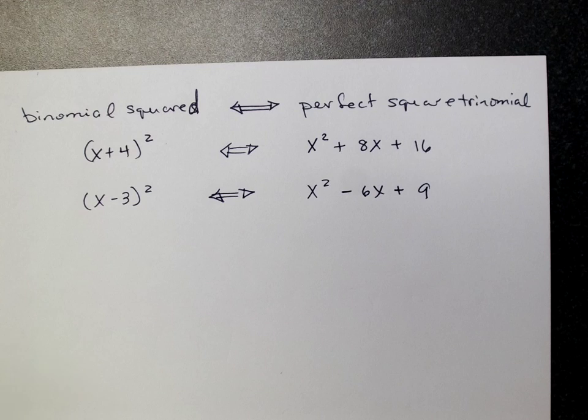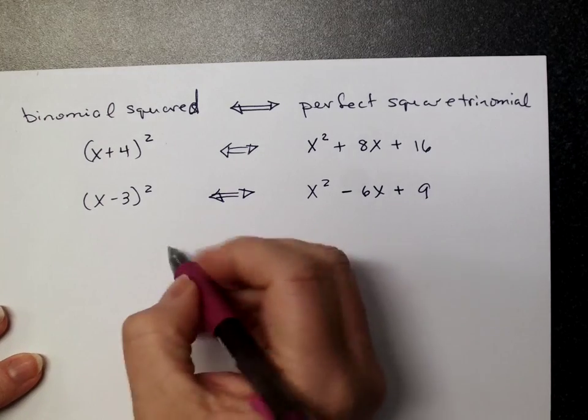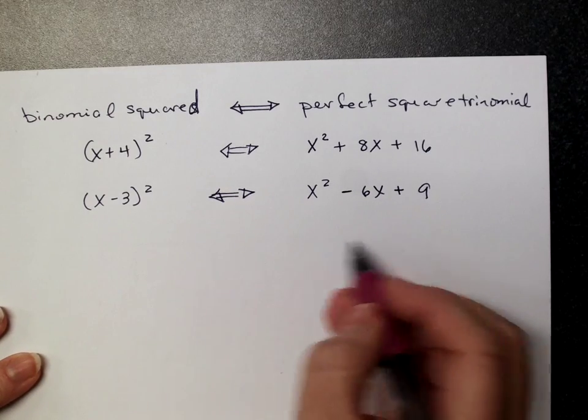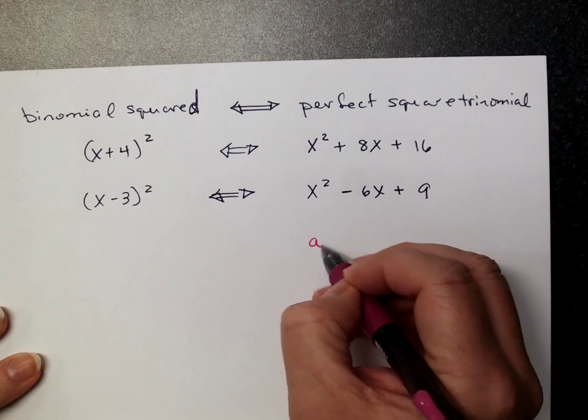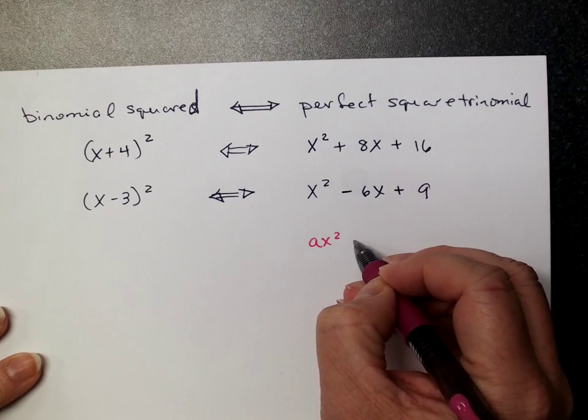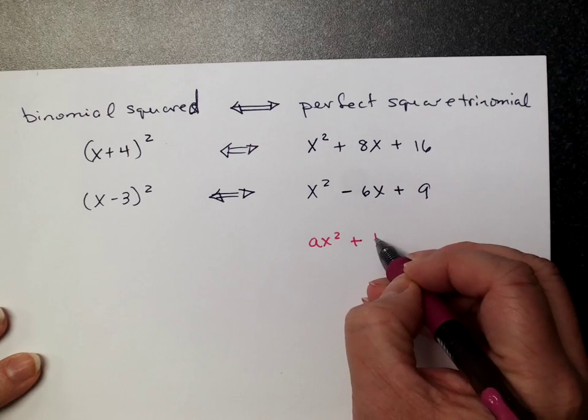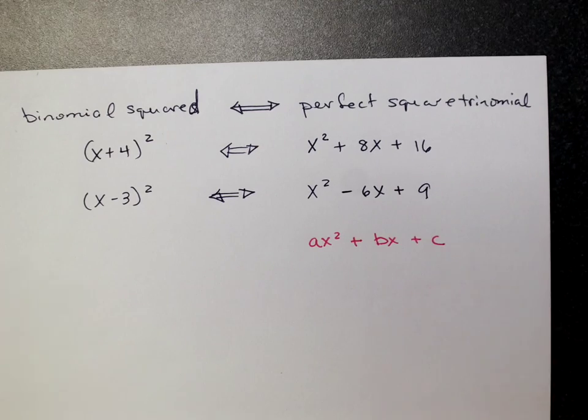Now, the patterns we talked about. What you basically have here is ax squared plus or minus bx plus c, right?